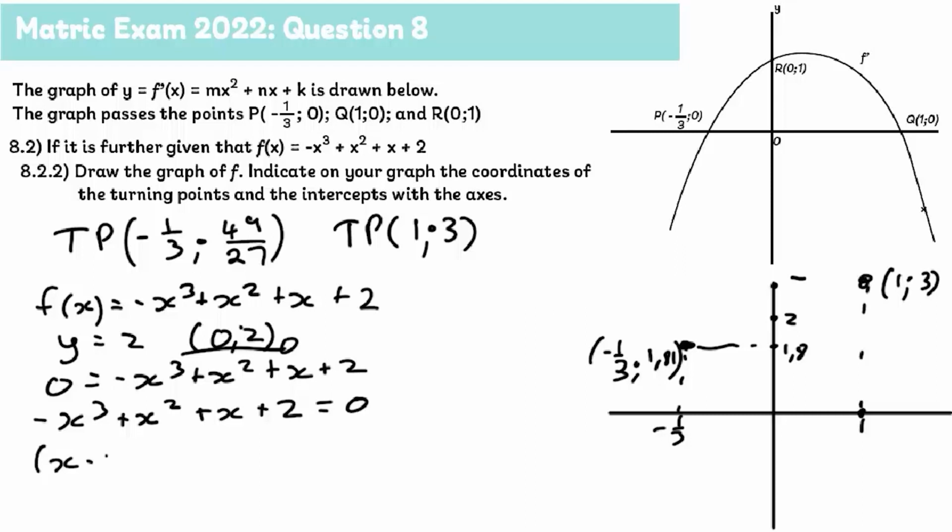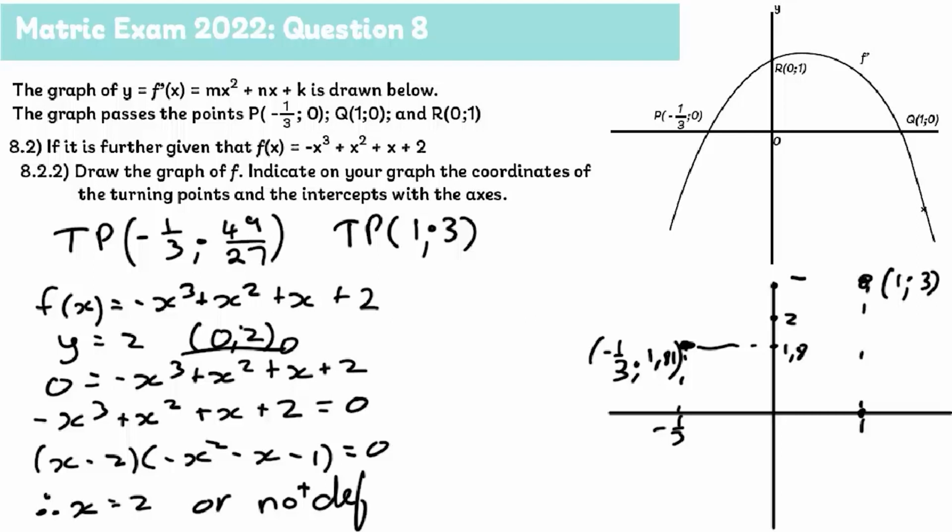It's (x minus 2) times (minus x squared minus x minus 1). And then you'll see, therefore, x is equal to 2, or it's not defined. So where x is 2, let's say this is 2 over here, it's going to cut.